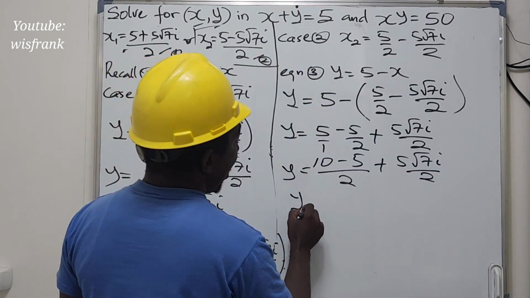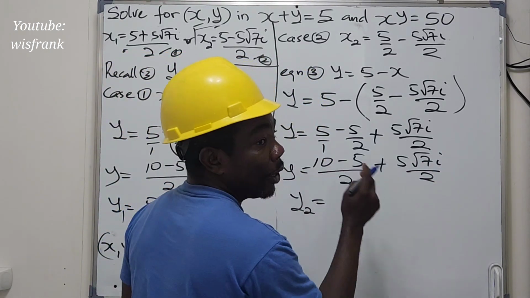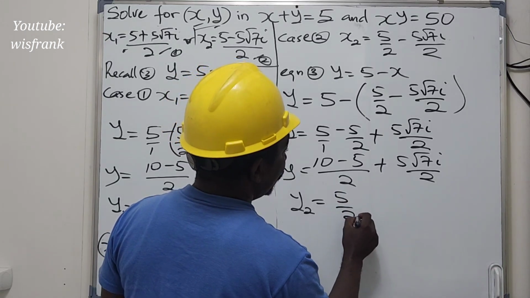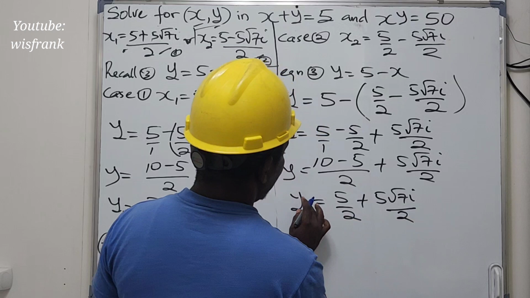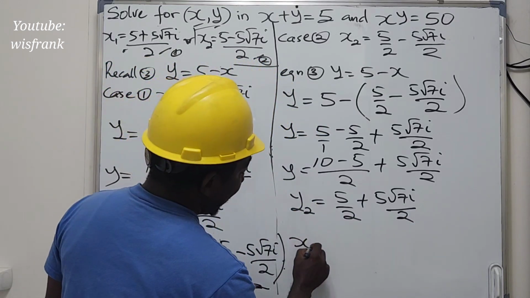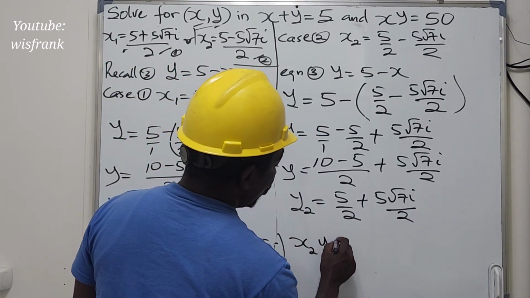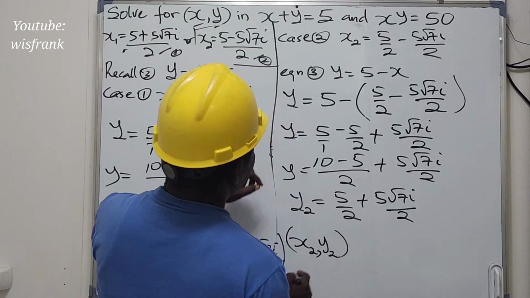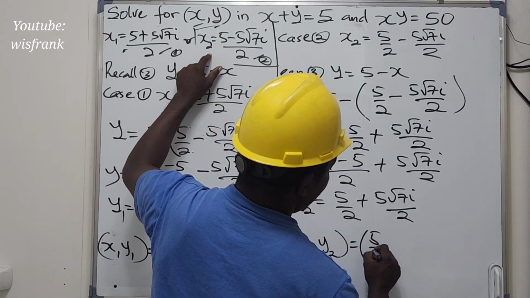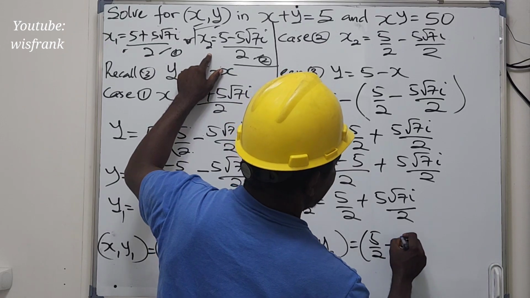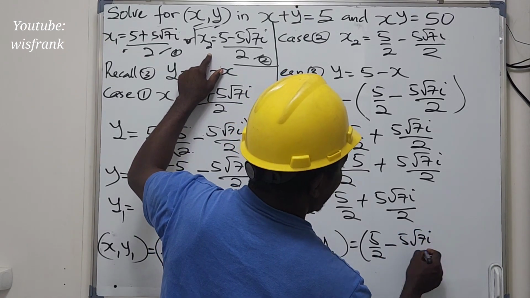Our value of y2 will be equal to 10 minus 5 is 5 all over 2 plus 5 root 7i all over 2. So we have that our x2, y2 will be equal to, for the value of our x2, 5 all over 2 minus 5 root 7i all over 2.